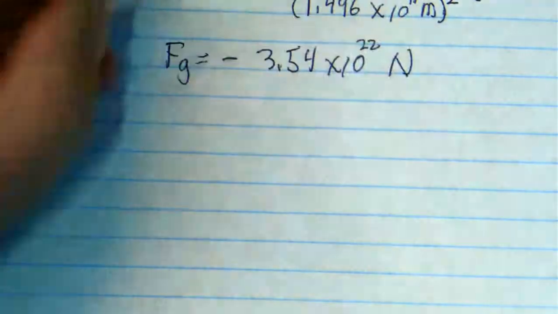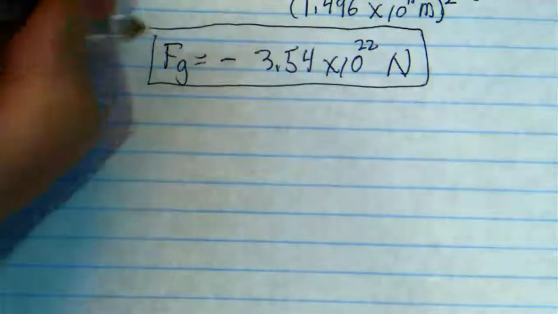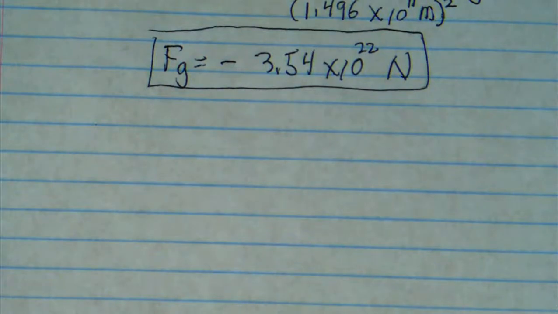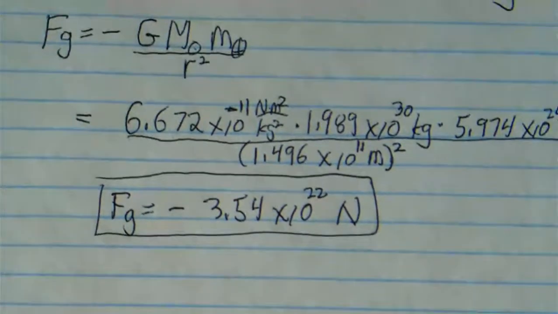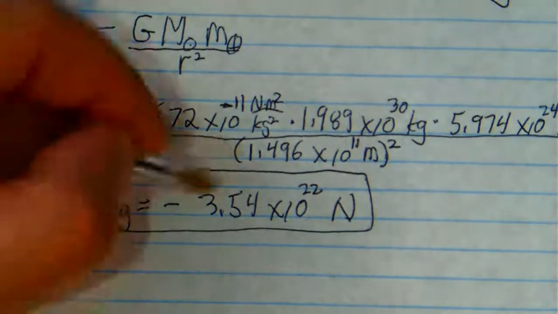The force of gravitational attraction is 3.54 times 10 to the 22nd power newtons. So contemplate that for a moment, because we've seen that number before.